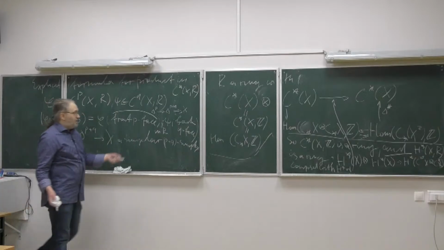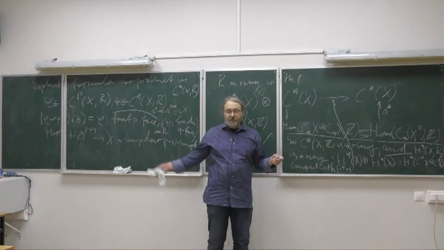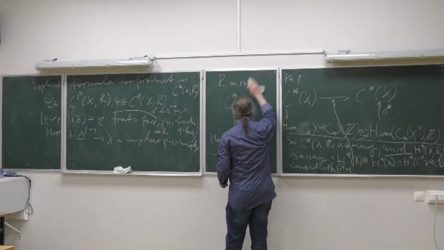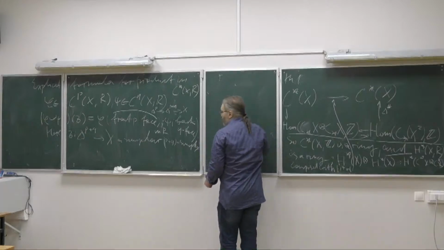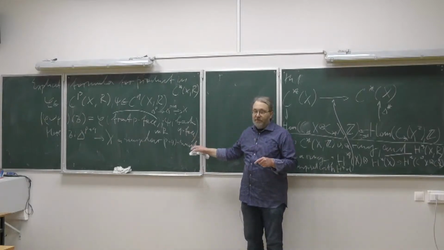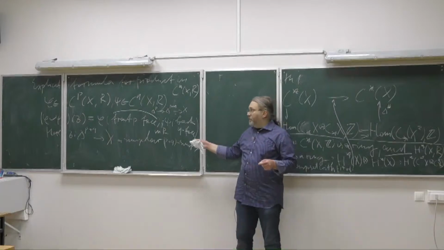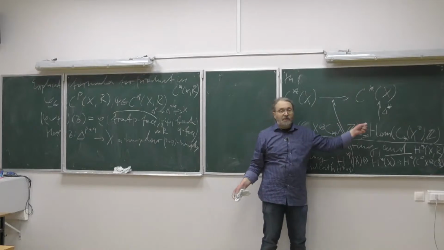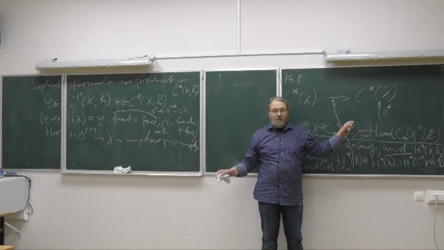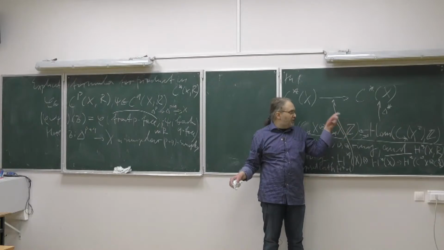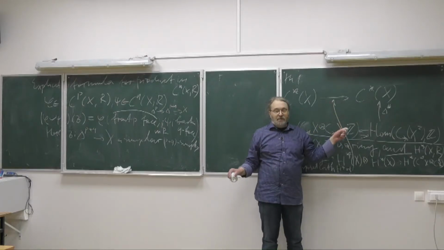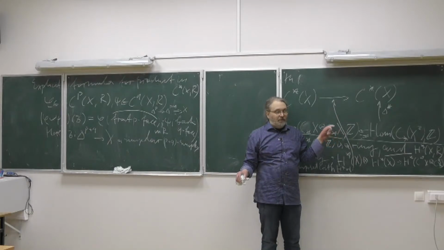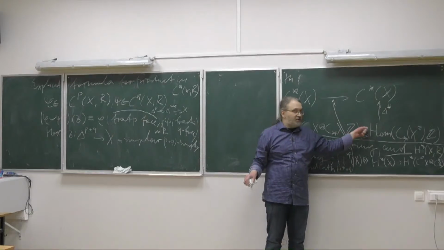Well, let me state some properties of this particular cup product. I said this particular cup product. Why? Well, because all maps in this diagram are functorial, and all maps are sort of uniquely given, except for these two.